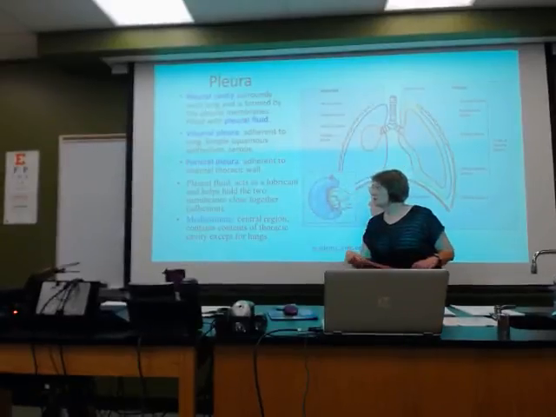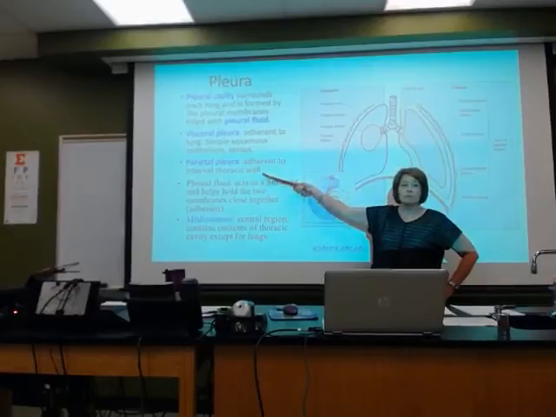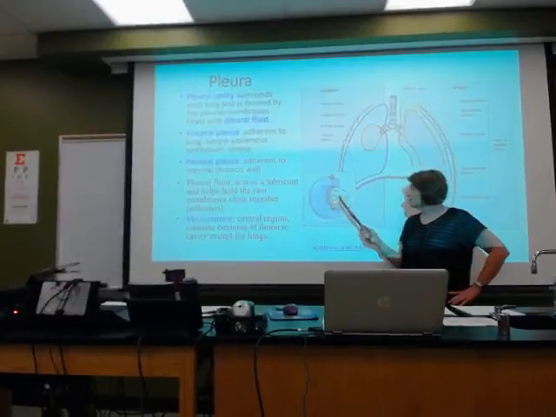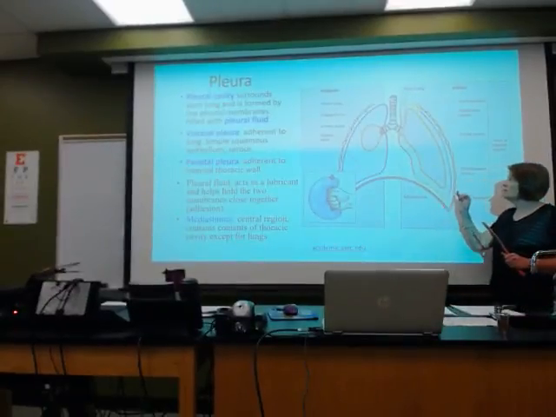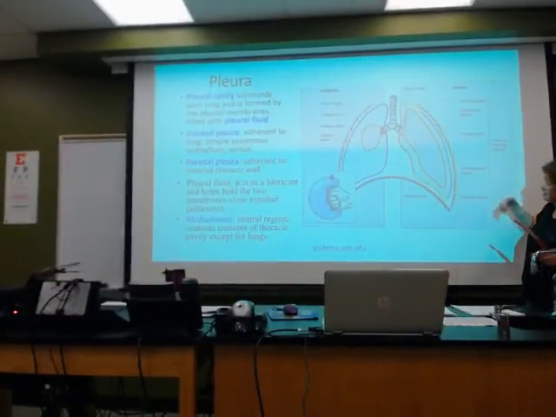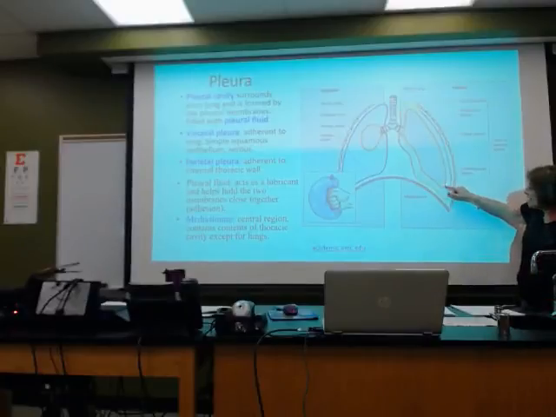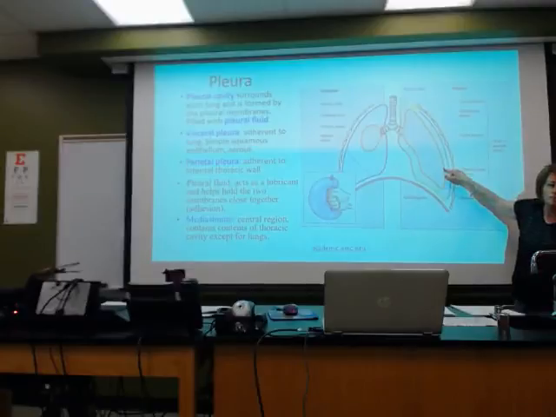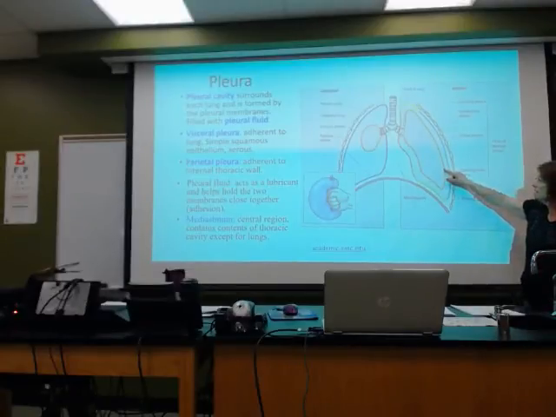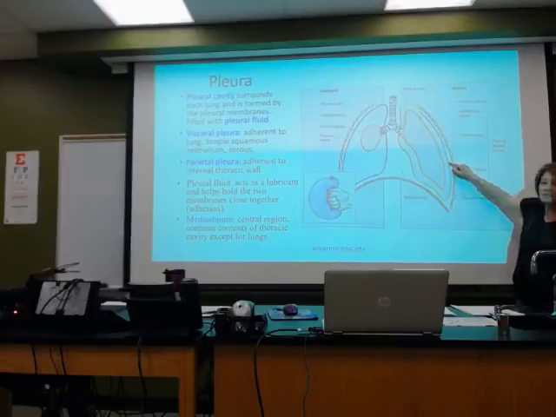So, do you remember how we have visceral and parietal, the one that's inner, the one that's outer of a membrane? Visceral, if you remember, is going to be the one that will travel all of the outlines of the organ. Okay? Parietal is going to be the one that's surrounding to the outside.